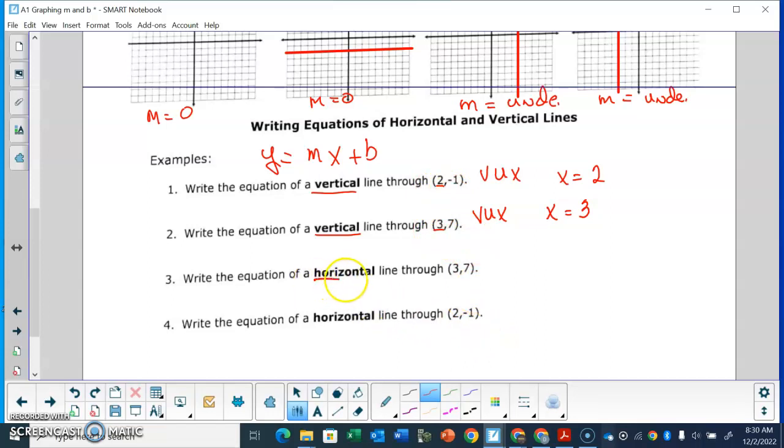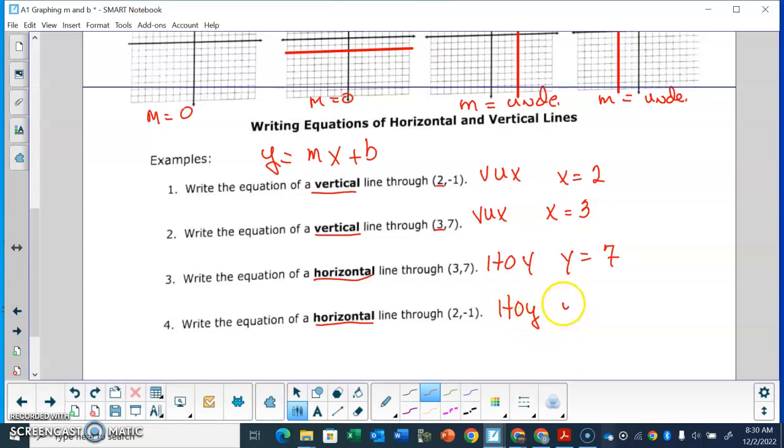Horizontal line. Okay, that's going to be HOI. So the slope is equal to 0. And we're going to have y equals 7. Okay. This is a horizontal line, which is HOI.